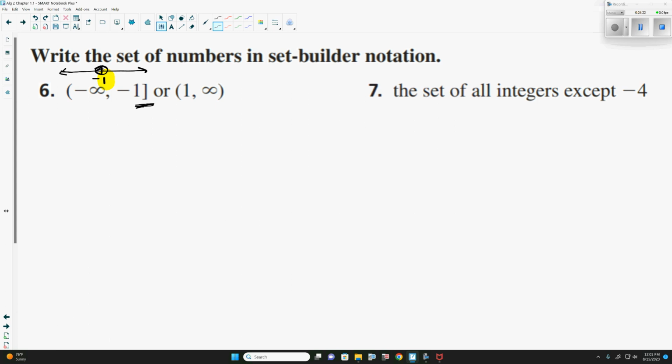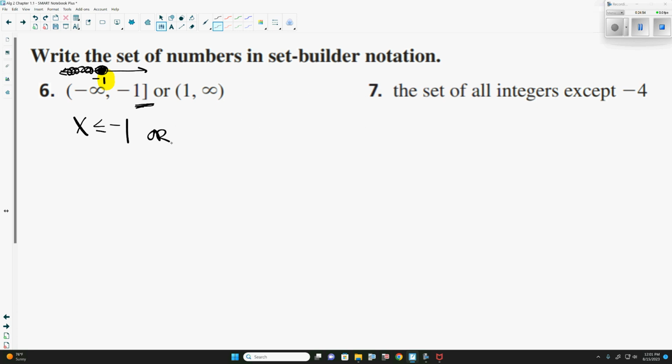Closed, because the bracket would be closed. Now would we shade to the left or to the right? To the left. So our inequality would be x is what? Greater than, less than, greater than or equal to, or less than or equal to? Since negative 1 is included, we do have the equal to. And since we're shading to the left of it, it would be less than or equal to.